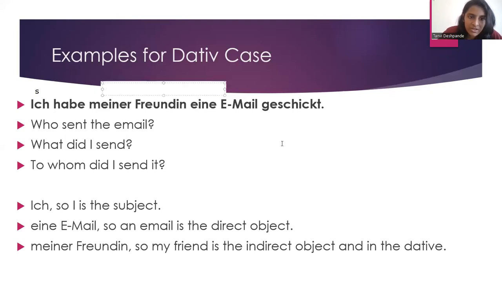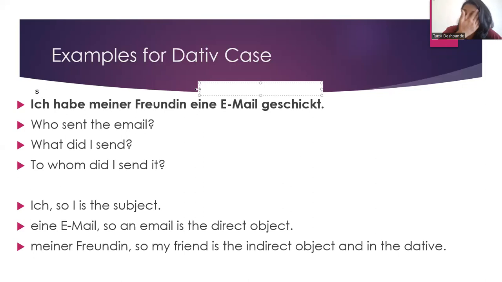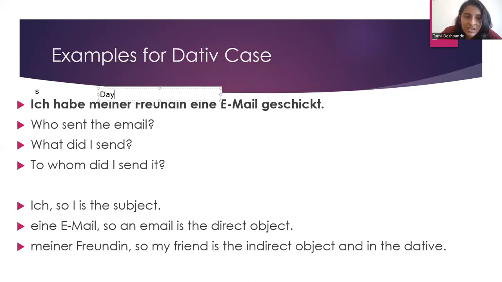Meiner Freundin. I am sending an email to my friend. What am I sending? An email. So email will be in the accusative. To whom am I sending? My friend, meiner Freundin. So it will be in the dative.